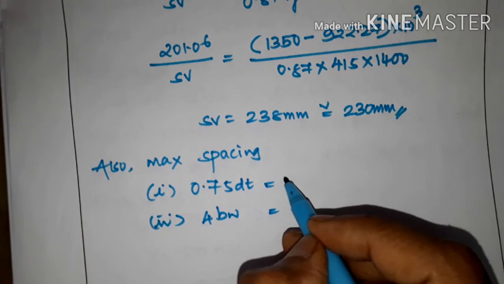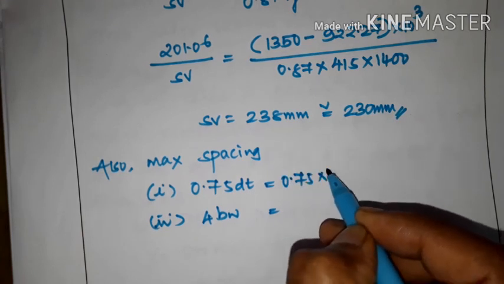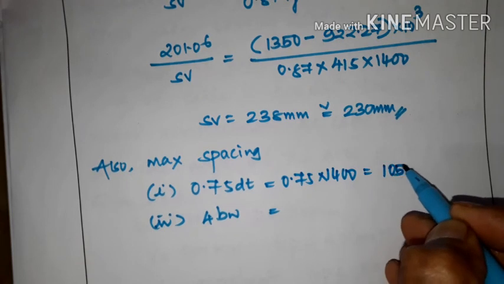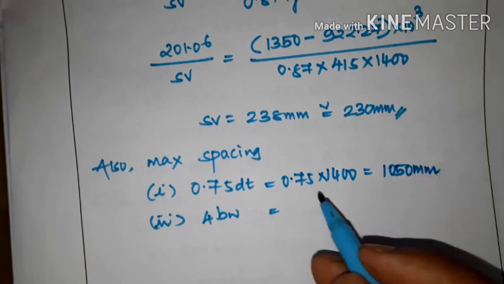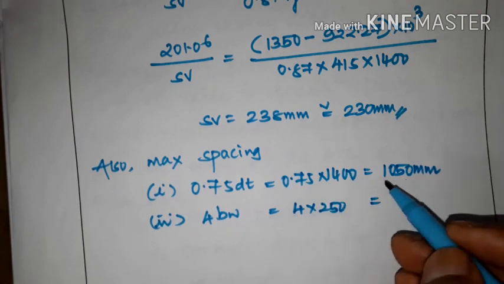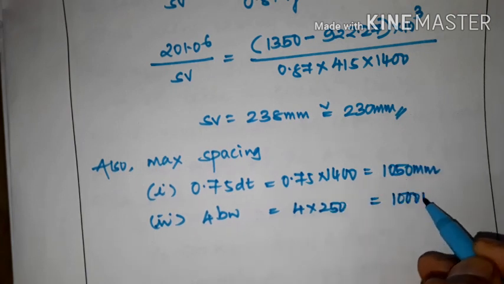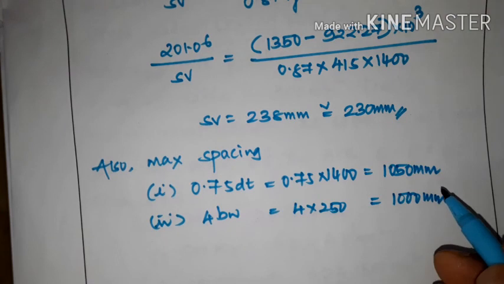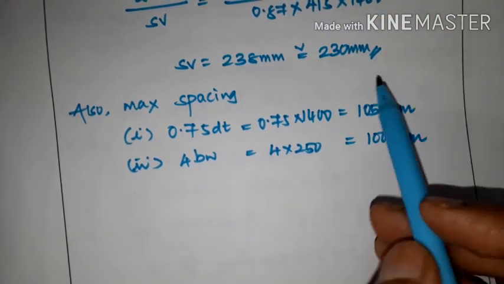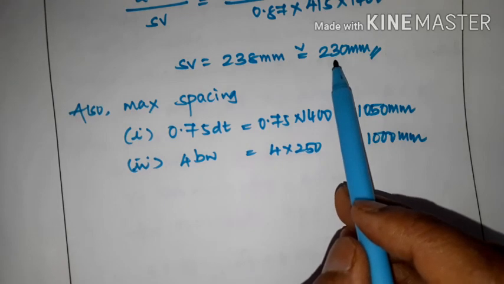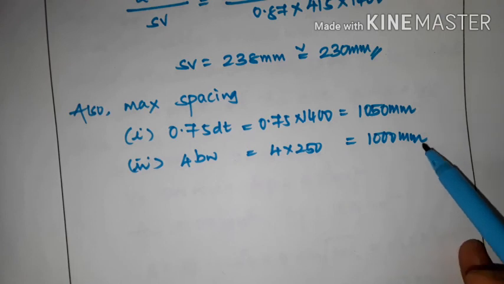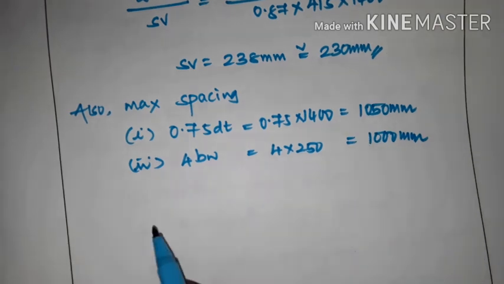So 0.75 times dt, which is 1400, gives 1050 mm, and 4 times 250 is 1000 mm. So again you can see our spacing of 230 mm is less than the least of these two.